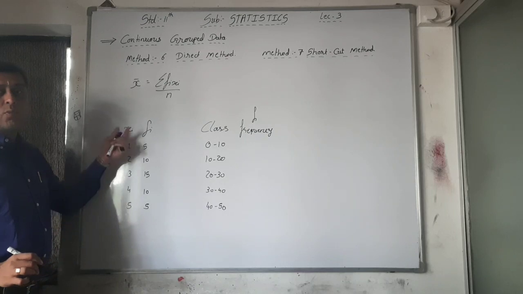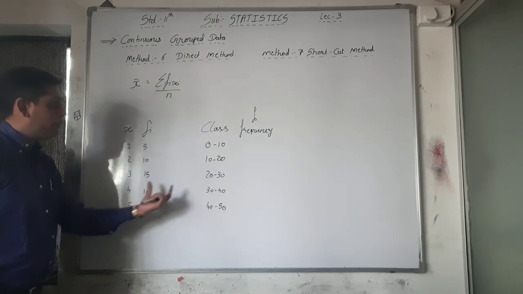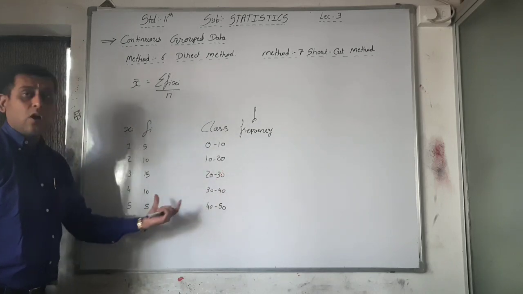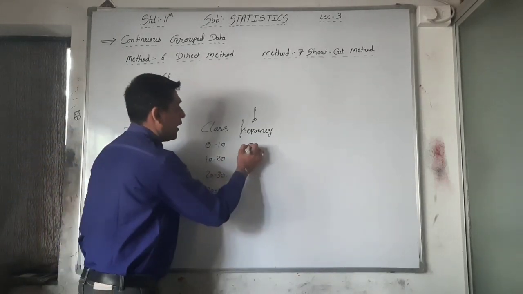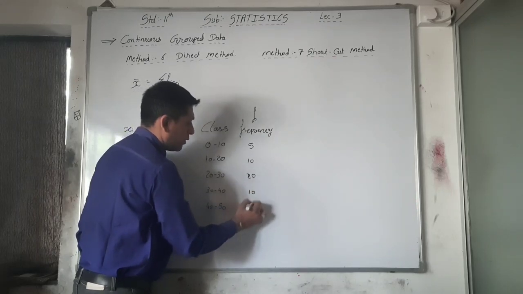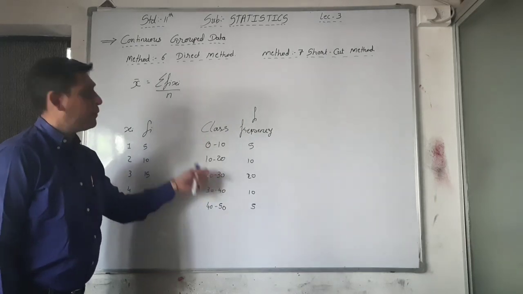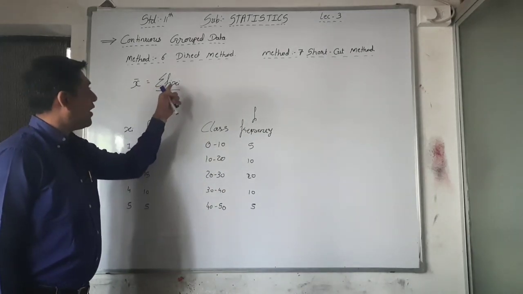See, this one is the example of discrete group data, but this is the example of continuous group data. Here only fi is there and the formula is fi xi.